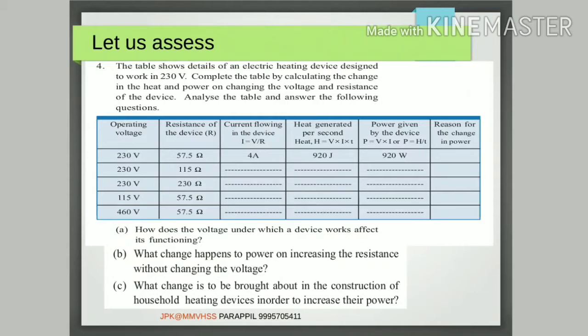So here take T is equal to 1 second. In the next column, we have to calculate power. Power P is equal to VI or H by T. Then in the last column, write the reason for change in power with the first power value.